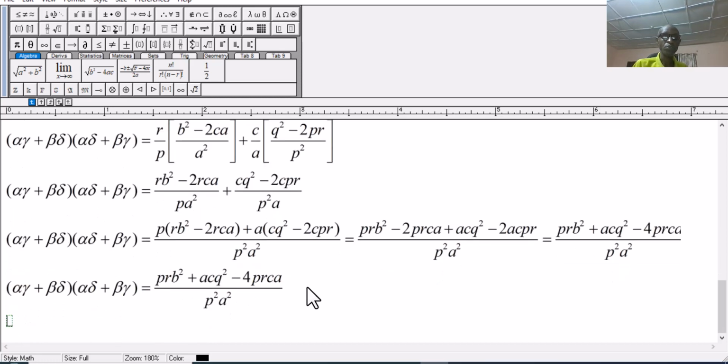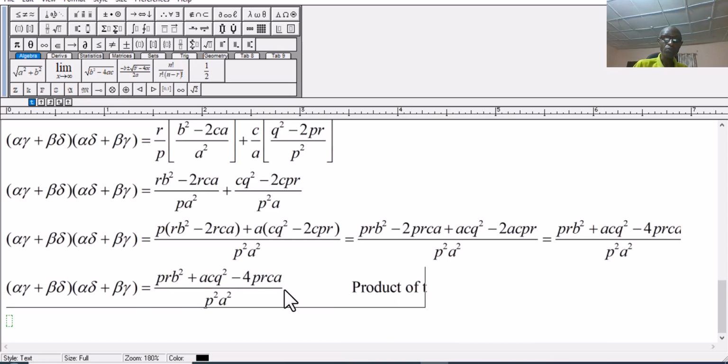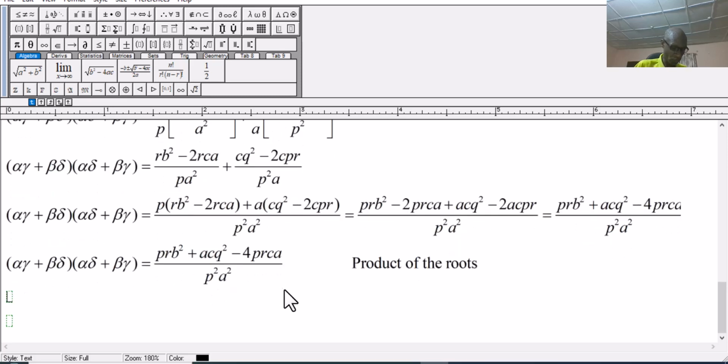So this is the product of the new roots. So the equation of the new roots.